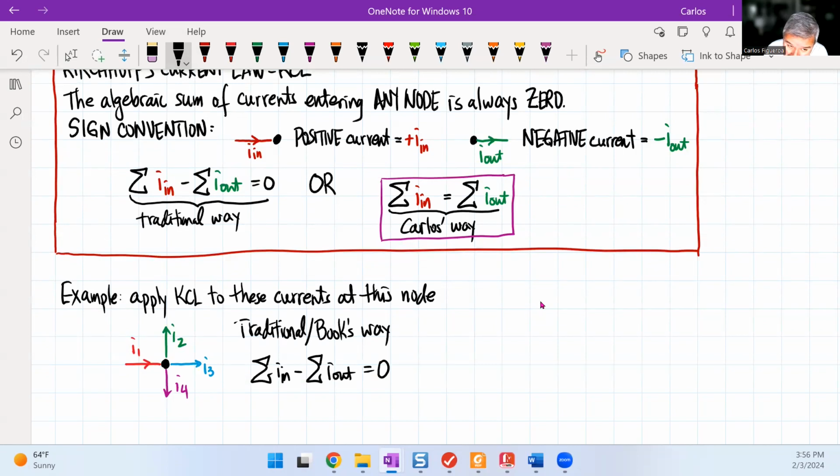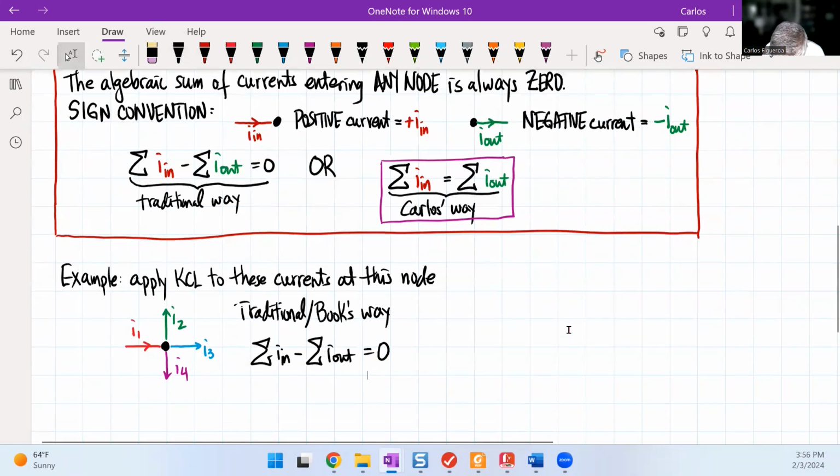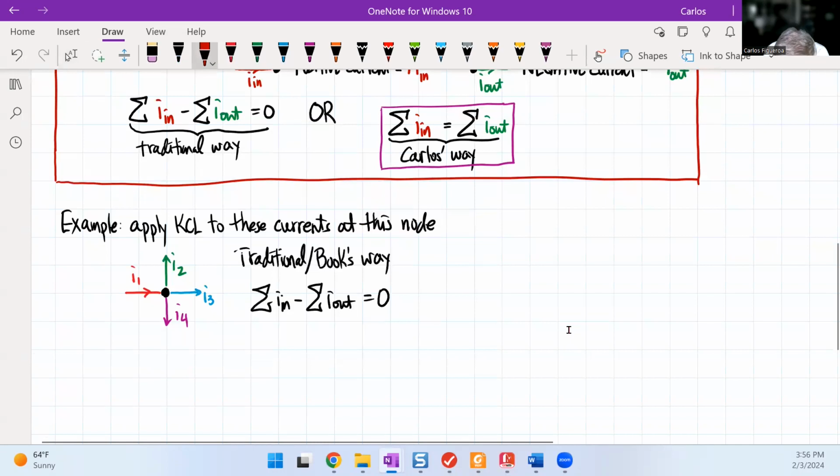So I got to pay attention to the signs. So if I look at this, I'm going to see that the only current coming in is current I1. The rest of the currents are going out, which then means I have to subtract them.